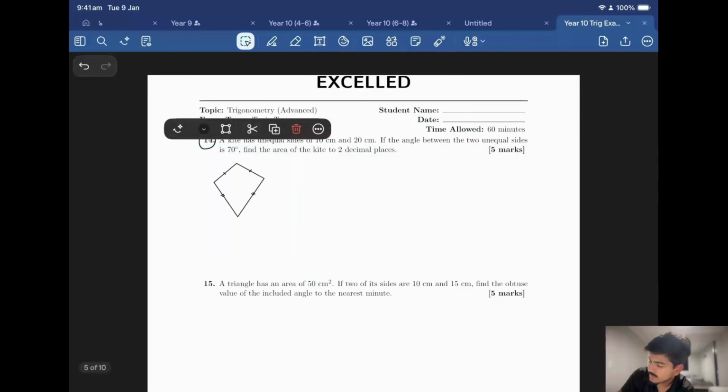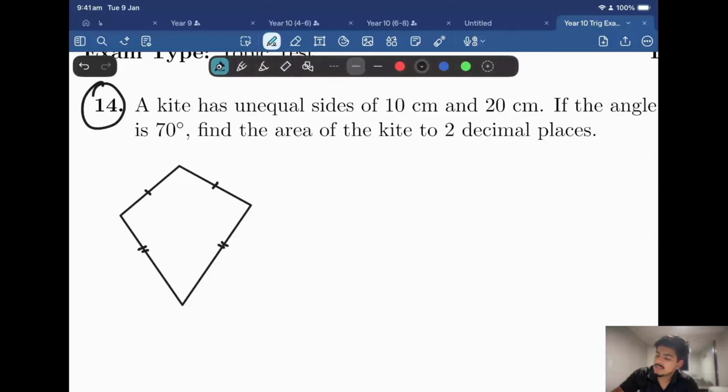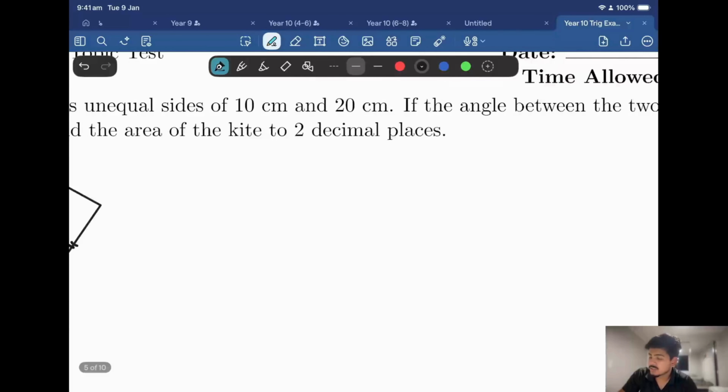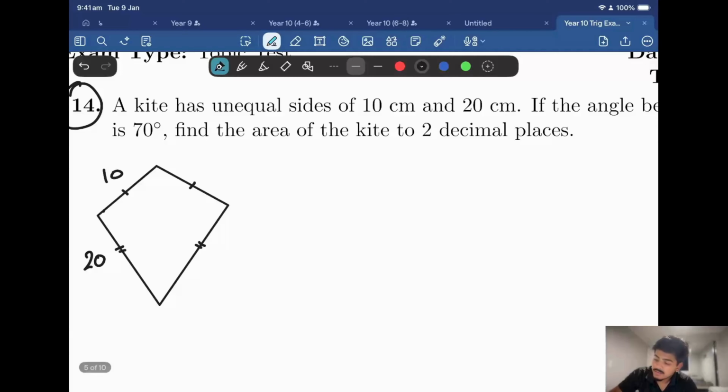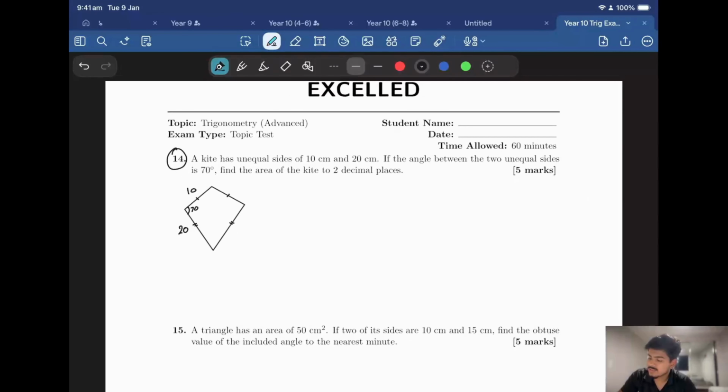Yeah, it was over here. A kite has two unequal sides, 10 centimeters and 20 centimeters. If the angle between the two unequal sides is 70, find the area of the kite, correct to 2 decimal places.